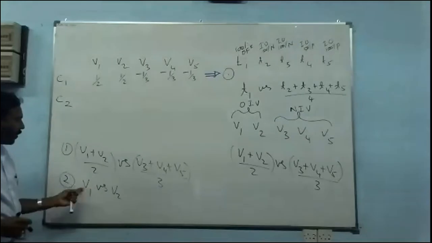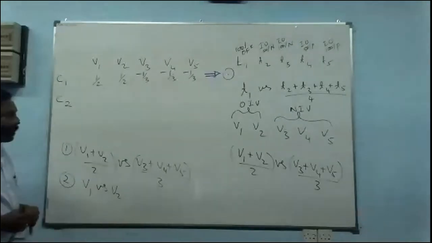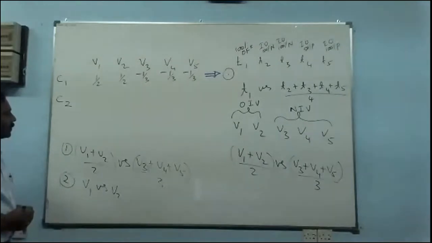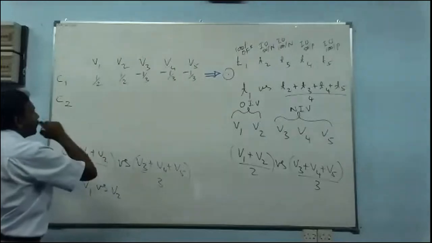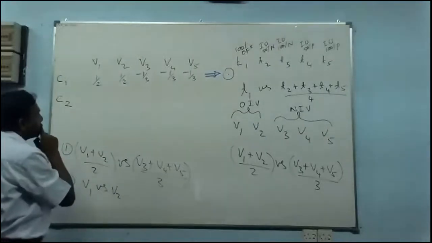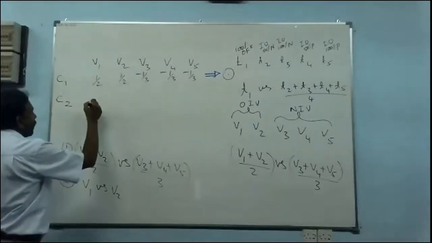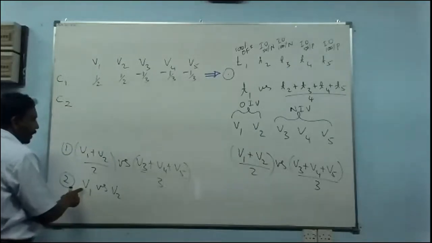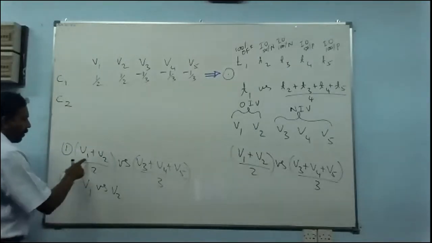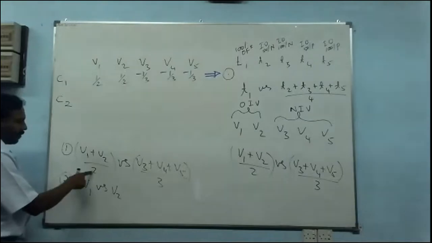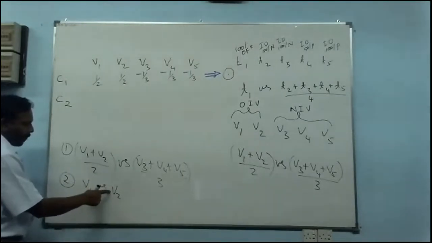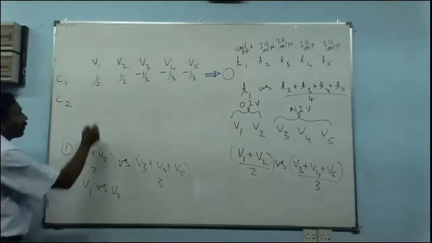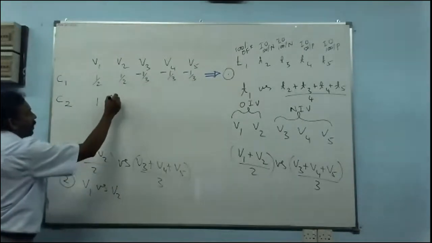What is the coefficient for V1, V2? Earlier for V1 it was half. What is the coefficient now? One, minus one.